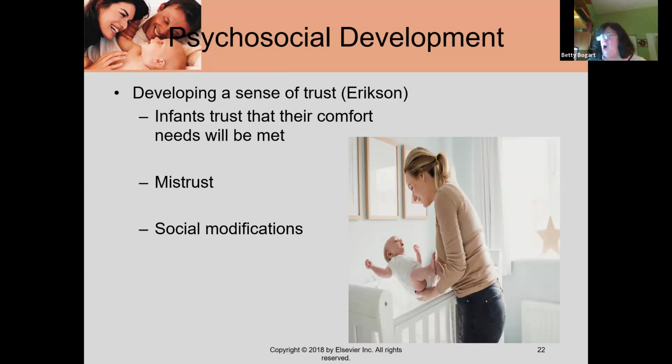Their needs are met. There are cases with mistrust. Many times it's homes where there's drug or alcohol abuse or some sort of other abuse going on, where the child cries, nobody comes.